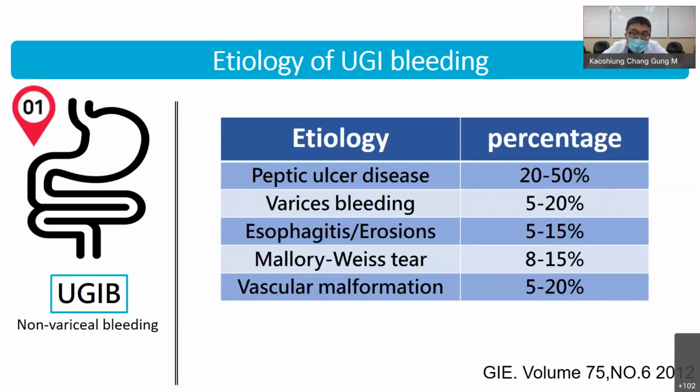The etiology of upper gastrointestinal bleeding, as the table says, is most commonly peptic ulcer disease, including both duodenal ulcer and gastric ulcers, followed by variceal bleeding, esophagitis, gastric erosions, Mallory-Weiss tears, or vascular malformations.